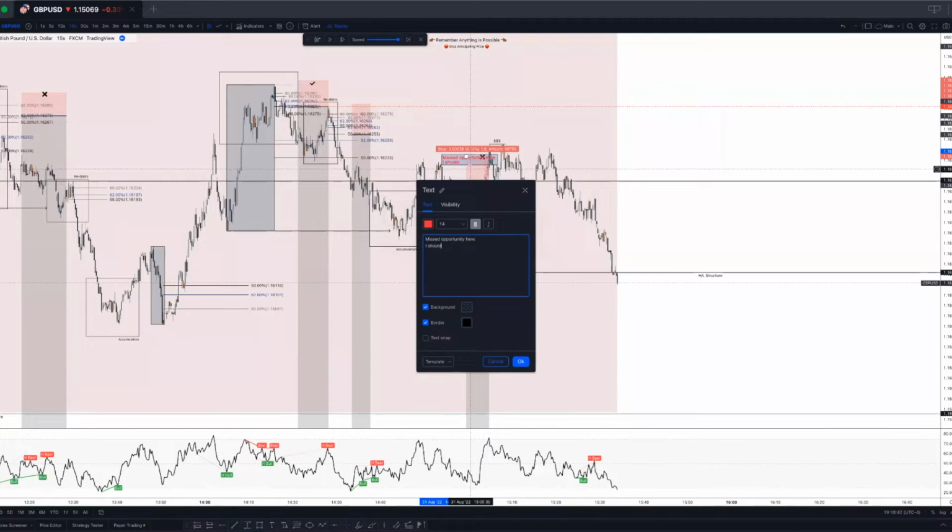I didn't set an entry in that percent of the entire range, and manage the position.